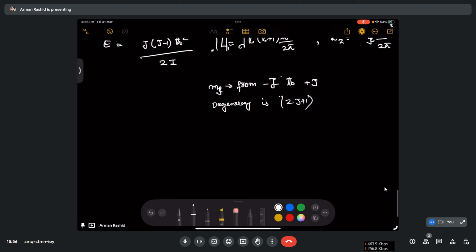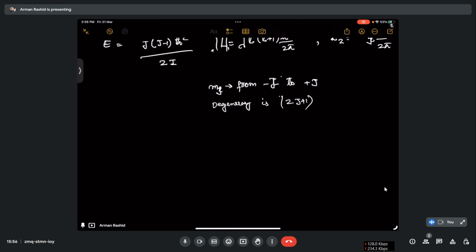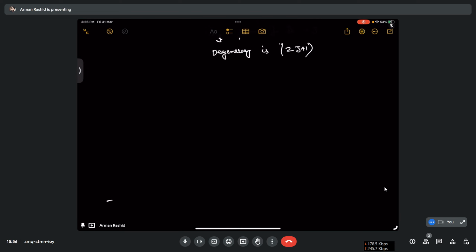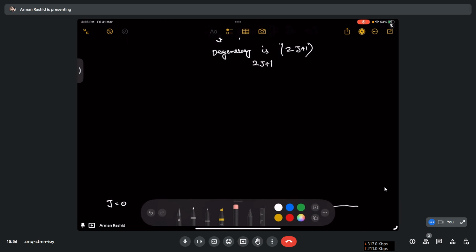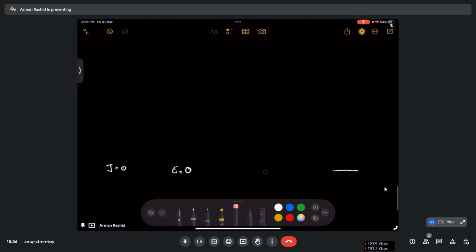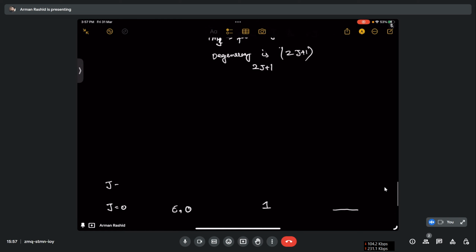Now we'll see how the energy levels look. If we put j equal to 0, the energy is 0, and the degeneracy, 2j plus 1, will be 1. So I'll make an energy level here with degeneracy 1. Now we go to j equal to 1.